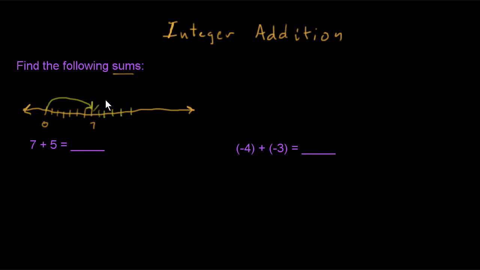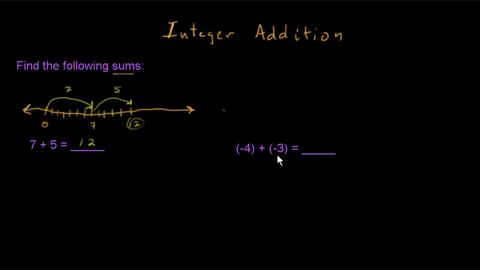And then from where we left off, we want to move another 5 units to the right. So we're moving 7 units and then 5 more units, and where do we end up? We end up at positive 12, as you probably had already figured out.